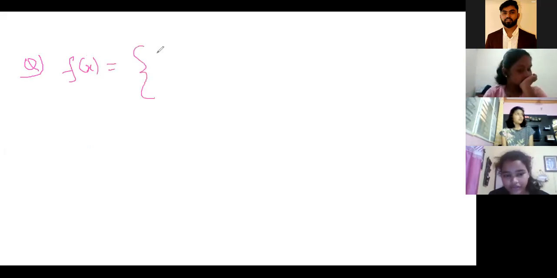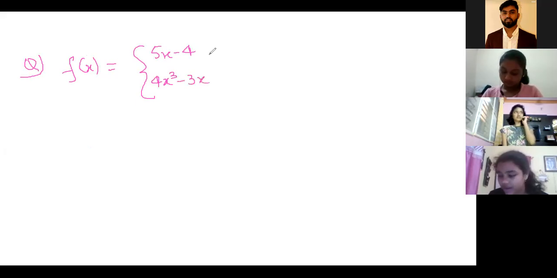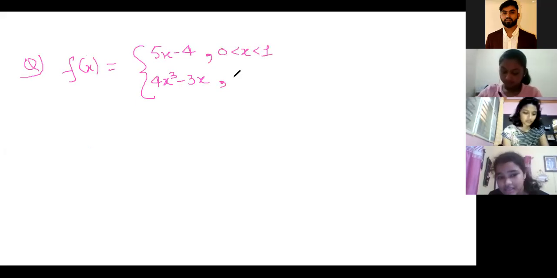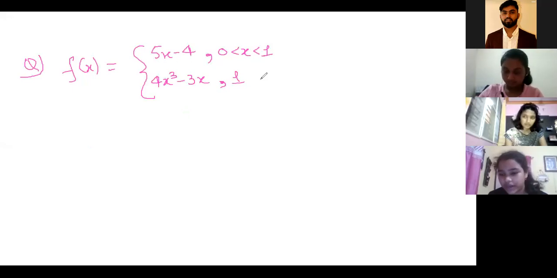Write it along with me so that we can discuss it later, and then you'll write the solution later on. We have a question over here like this. The function's value is this when x lies between 0 and 1. And the function's value is this when x lies between 1 and 2.